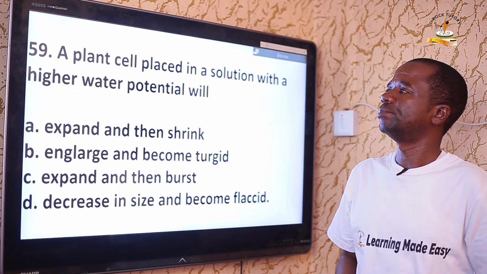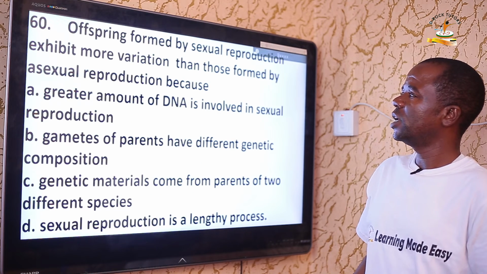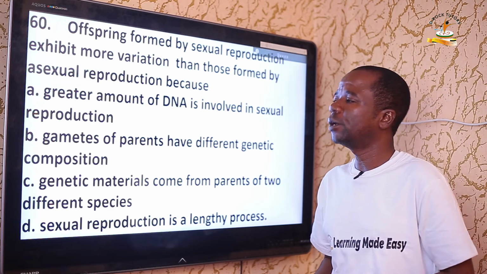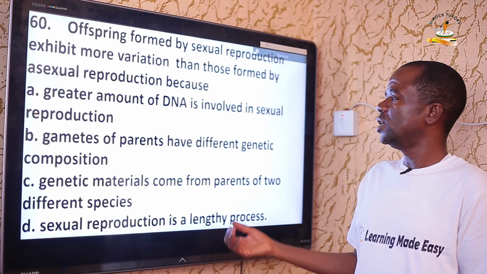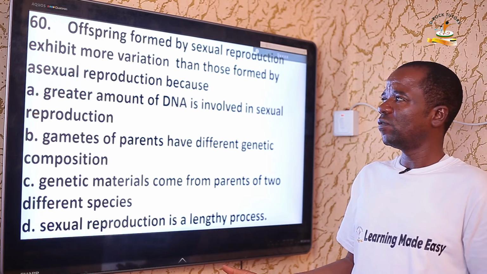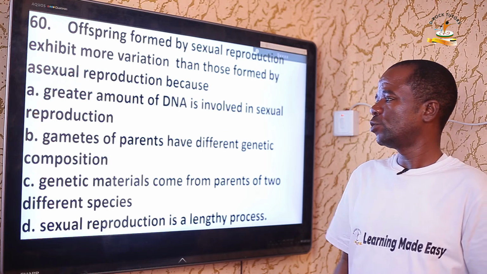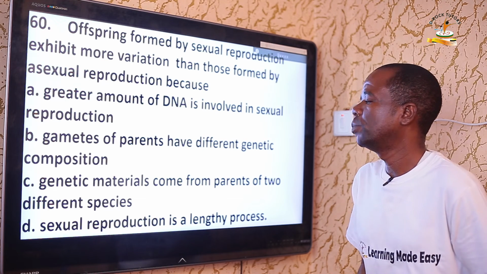Let's go to number 60. Offsprings formed by sexual reproduction exhibit more variation than those formed by asexual reproduction because, if you take a look at the options, option A, greater amount of DNA is involved. The amount of DNA involved has no effect on the variation that is exhibited. Let's look at option B. Gametes of parents have different genetic composition.